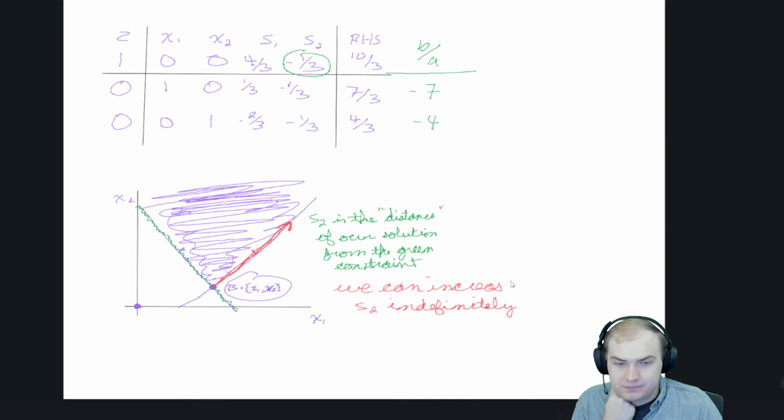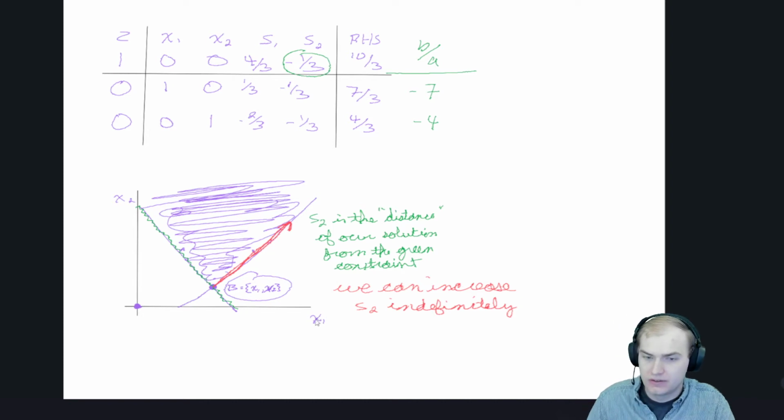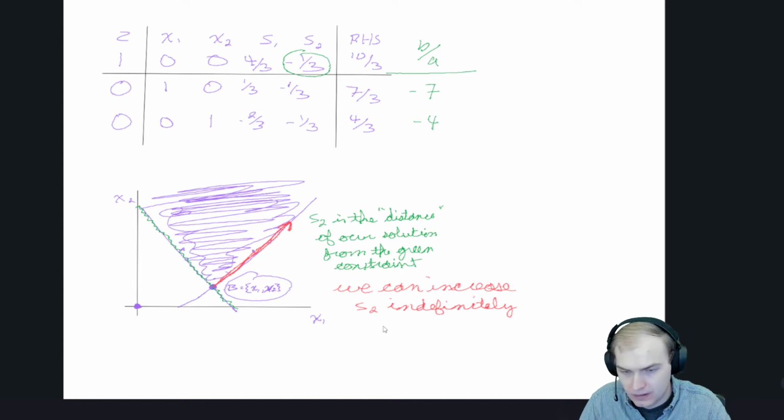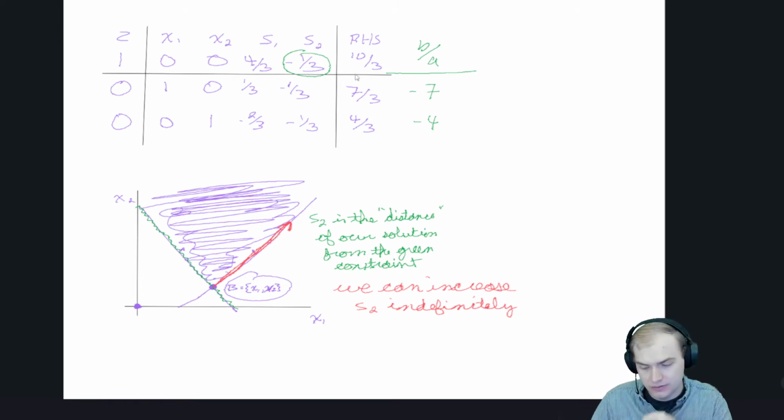There we go. So we can increase S2 indefinitely. It has a negative coefficient in our objective function row, which means that increasing S2 increases the objective.